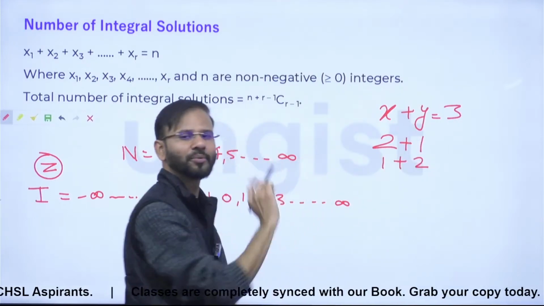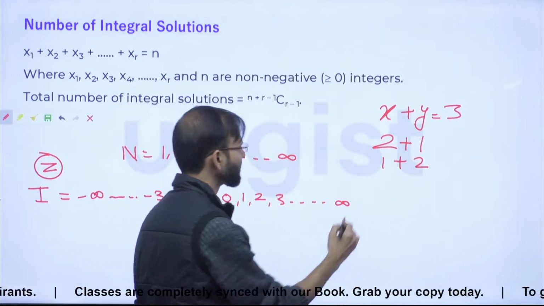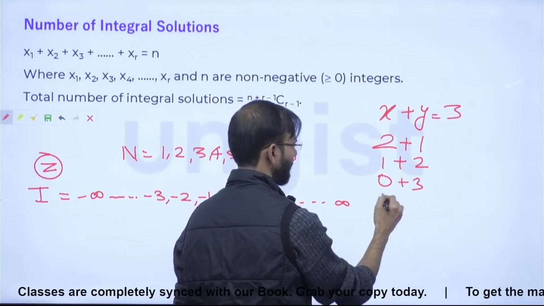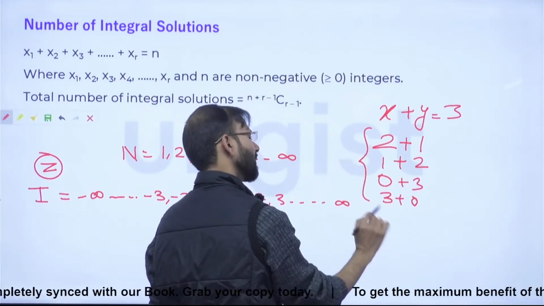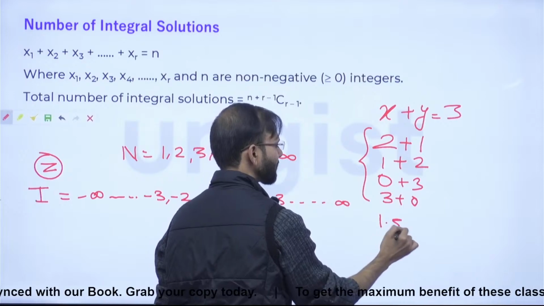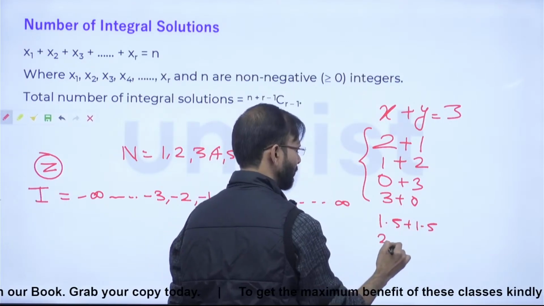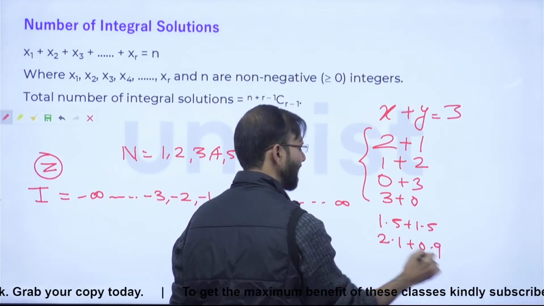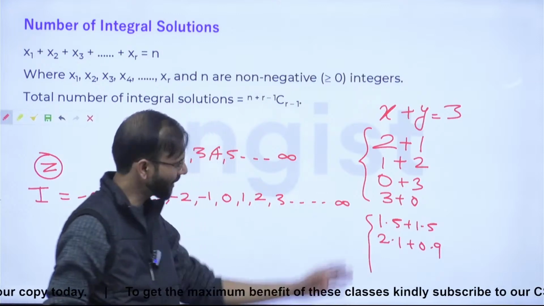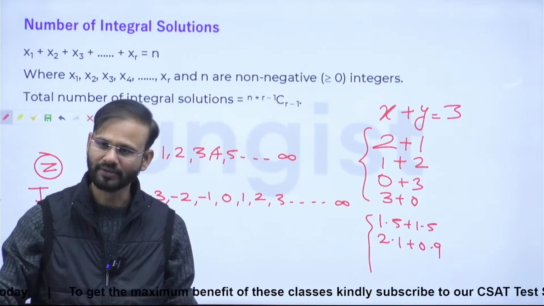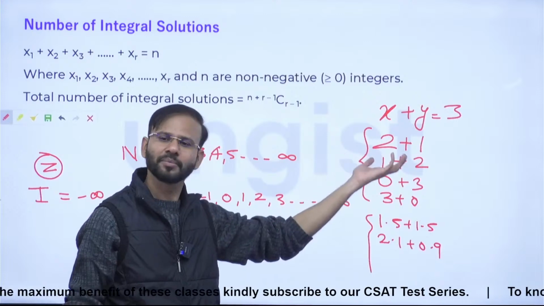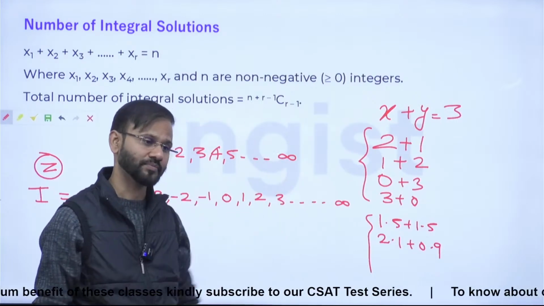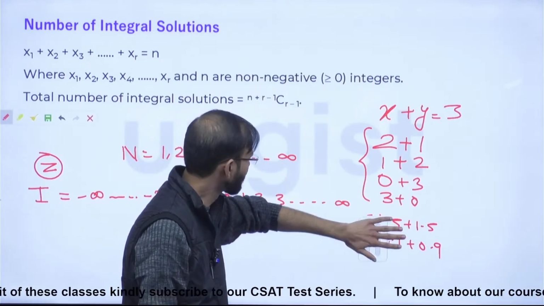Integral solution if I am talking about, or 0 plus 3, 3 plus 0. Non-integral solution can be anything, 1.5 plus 1.5, 2.1 plus 0.9, it can be anything then. आप समझ रहे हैं? It can be n number of solutions, right? So that's why if I am talking about only integral solution, I'm not talking about the general solutions. Guys, it is clear? Fine?